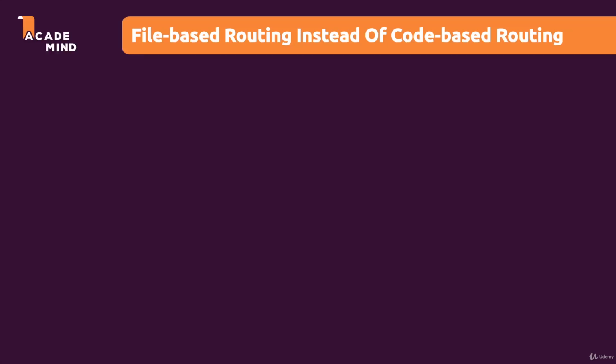In traditional React apps, so in React apps where you are not using Next.js, you set up routing like this. You have some code in one of your React components where you add various route-related components from React Router DOM, which is a great library.